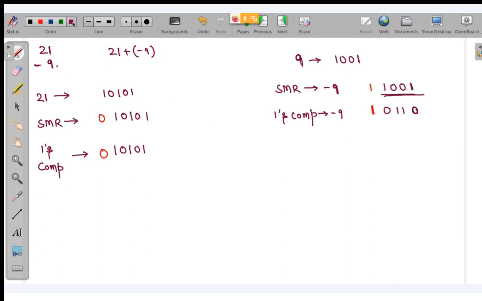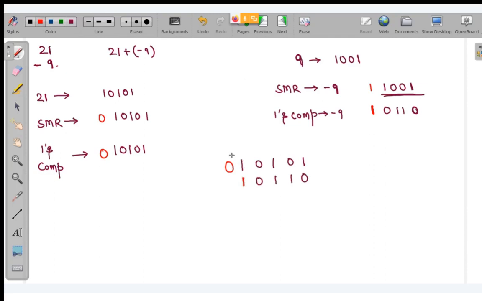Now we need to add these two numbers. So this is 1, 0, 1, 0, 1, and minus 9 we write as 1, 0, 1, 1, 0, with the sign bit.